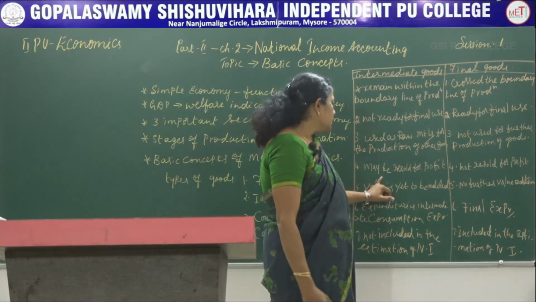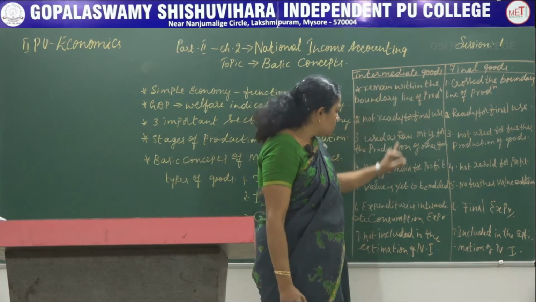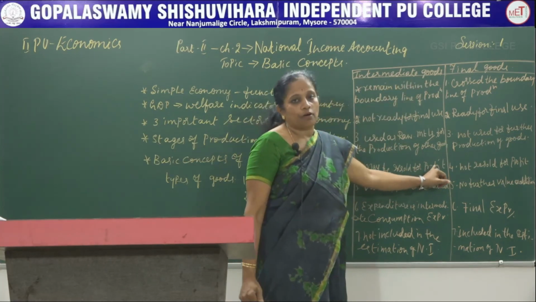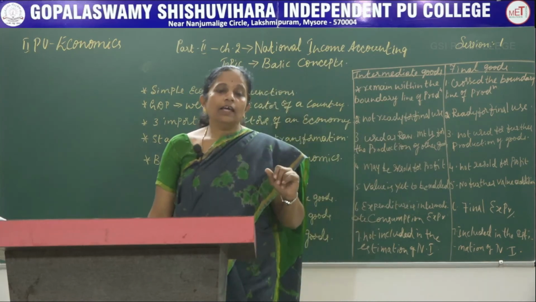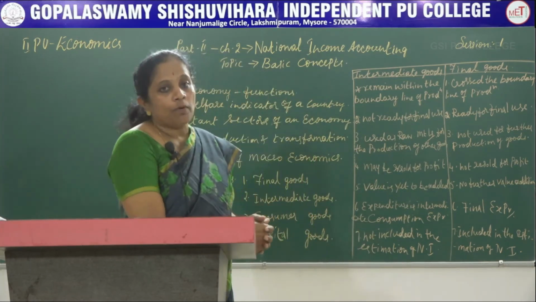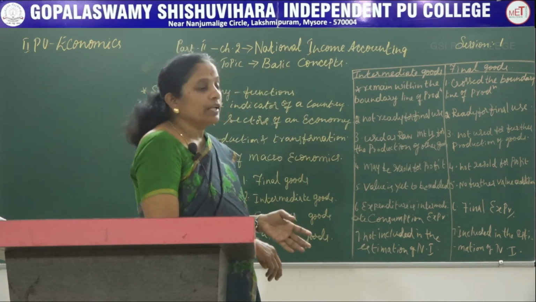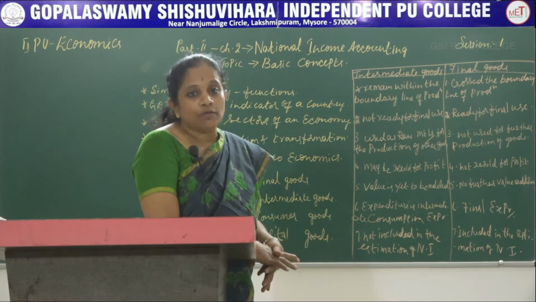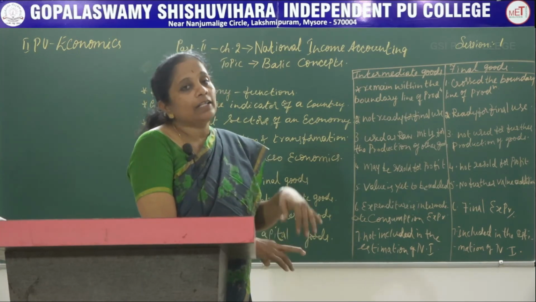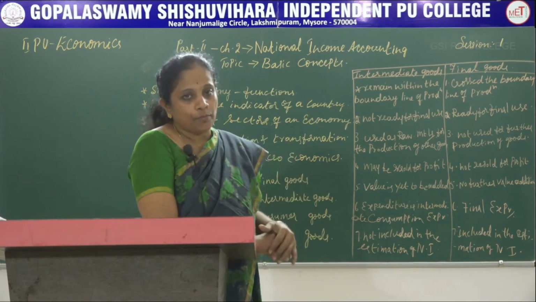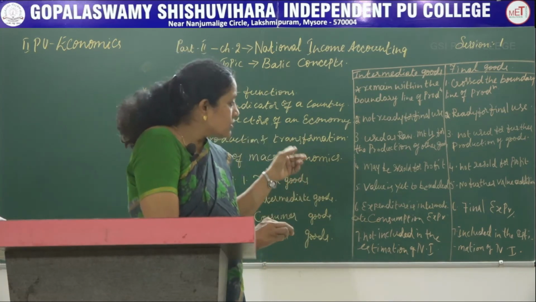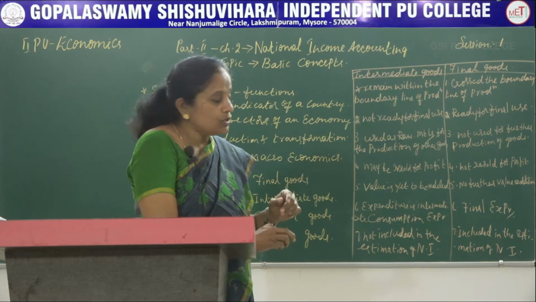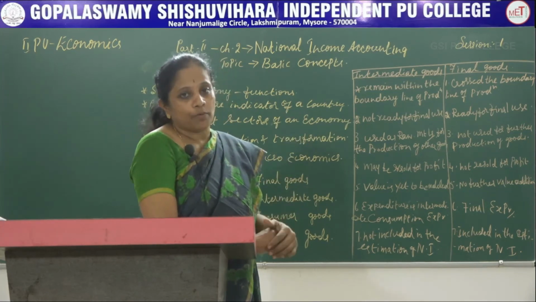The fourth one is that intermediate goods may be resold for profit. This can be seen in a wholesale bookshop, or in a bookshop where they buy old books for a lesser amount and sell them for a little profit. Here these books are called intermediate goods which can be resold for profit.